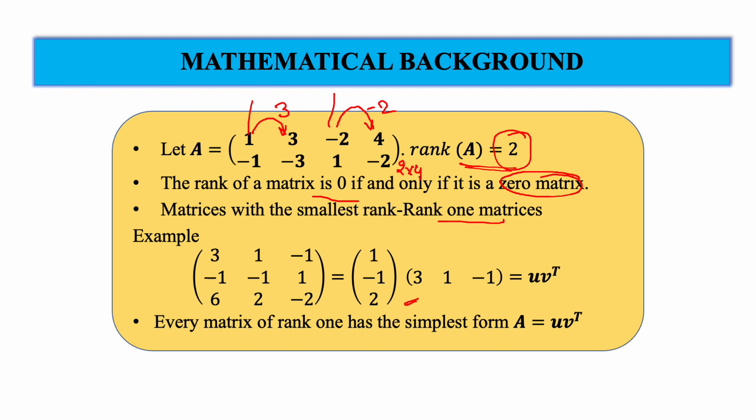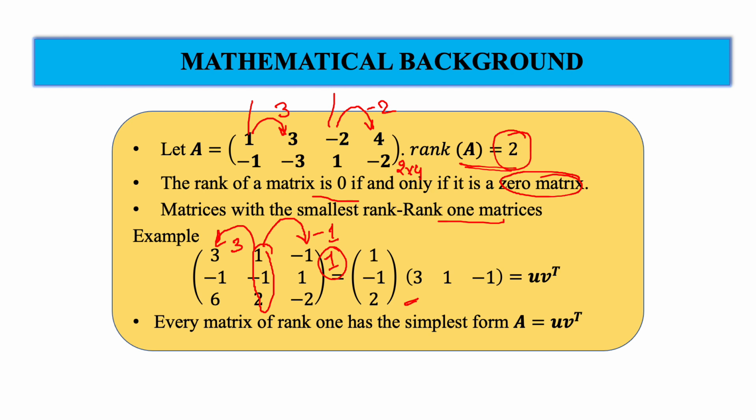You will see that the first column is 3 times the second column and the third column is minus 1 times the second column. So there is only one independent vector in the space spanned by these columns. Therefore the rank of the matrix is 1.